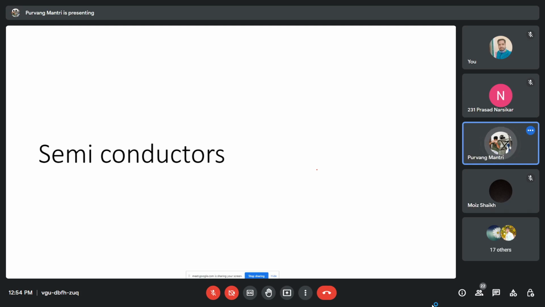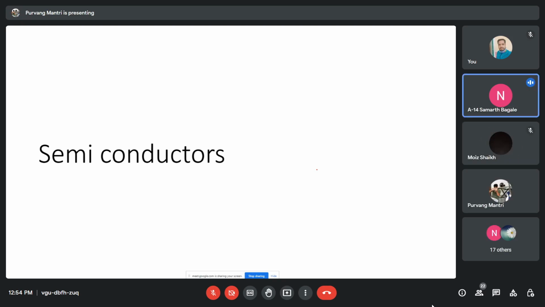So can anyone come forward and define what a semiconductor is? Students, can any one of you answer what a semiconductor is, or what are the characteristics of semiconductors? Silicon is the semiconductor. Okay, yeah, that is correct. But what defines silicon to be a semiconductor?